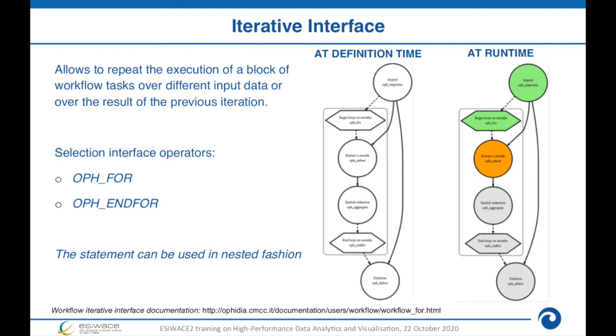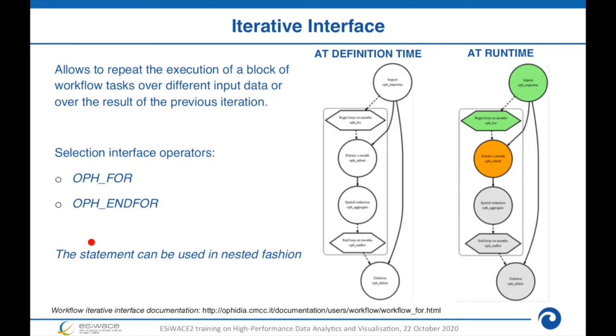The abstraction can be used to repeat the execution of a block of specific tasks over different input data or over the results of the previous iterations. The blocks of tasks that have to be executed by each iteration are described between the OPH FOR and OPH ENDFOR operators.